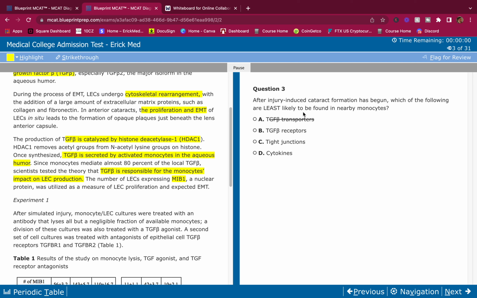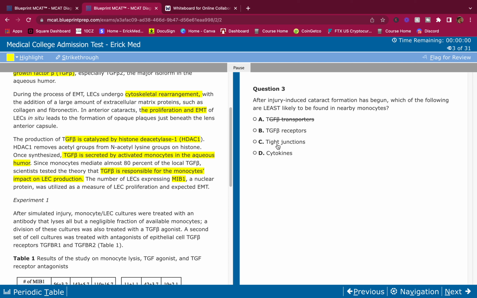TGF-beta receptors: what do they need receptors for? If they are proliferating, then it would make sense to have receptors. Maybe TGF can bind to a receptor and that will tell the monocyte to proliferate further. So that could be it.